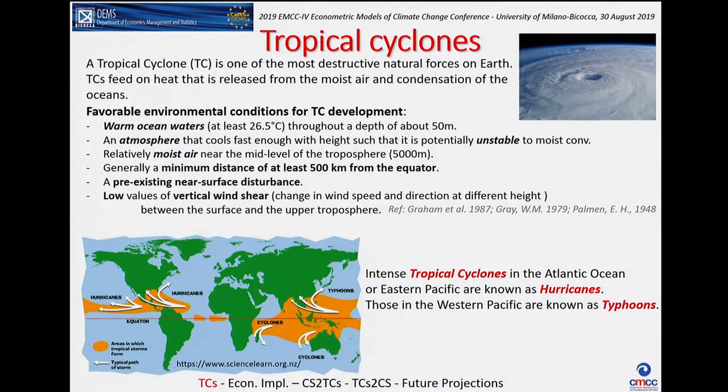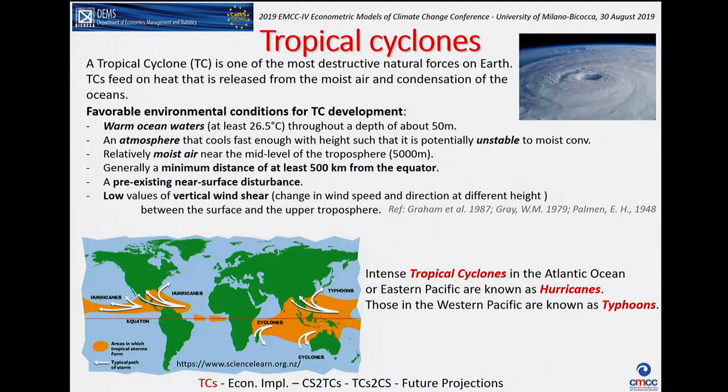Since they get their energy from the ocean, they need to be over a warm ocean, so typically they develop over the tropical region. So the fuel is the energy coming from the ocean, and then they also need an atmospheric condition that is particularly unstable, that tends to facilitate the upward motion of parcels of air.